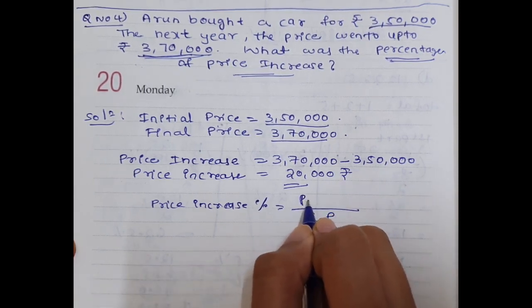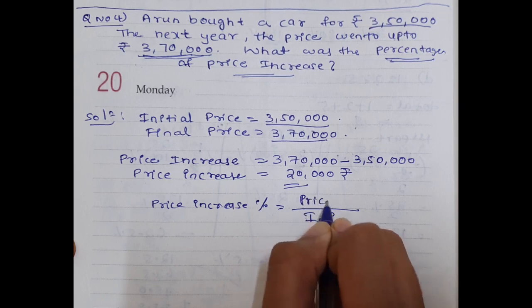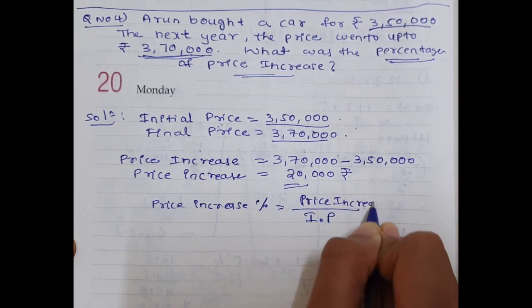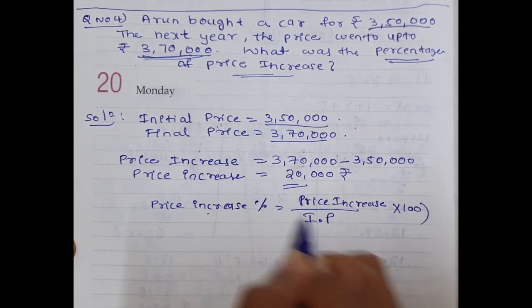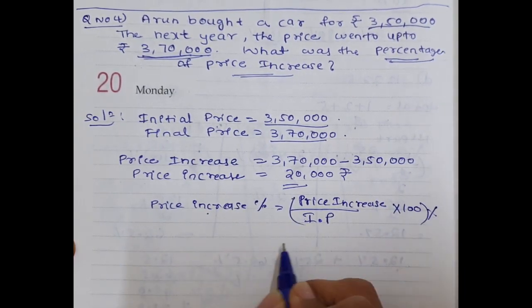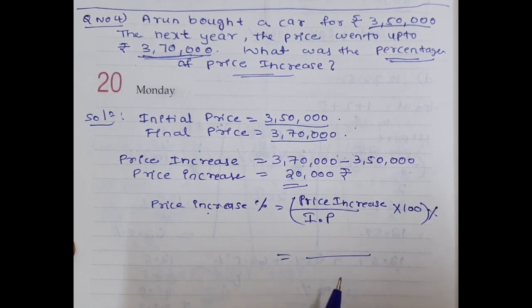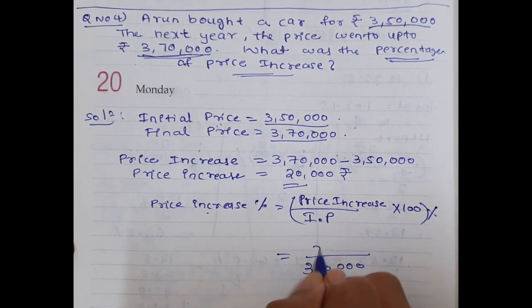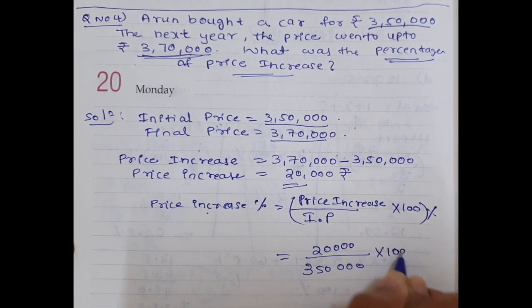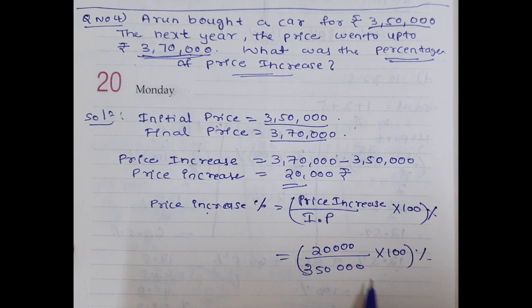The price increase, because we are going to find a percentage for price increase. Now convert this into percentage. Let me substitute in this formula. IP, initial price, equals 3,50,000. The price increase is 20,000. Multiply this with 100 and a percentage symbol.